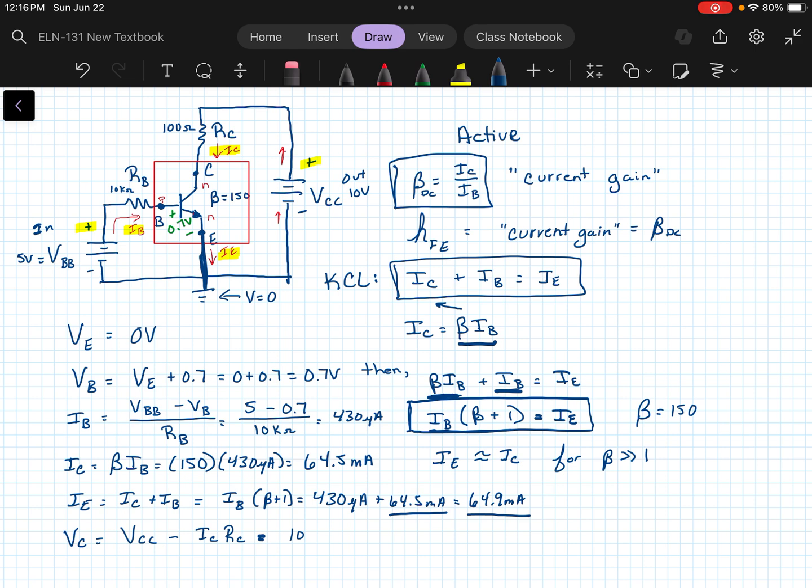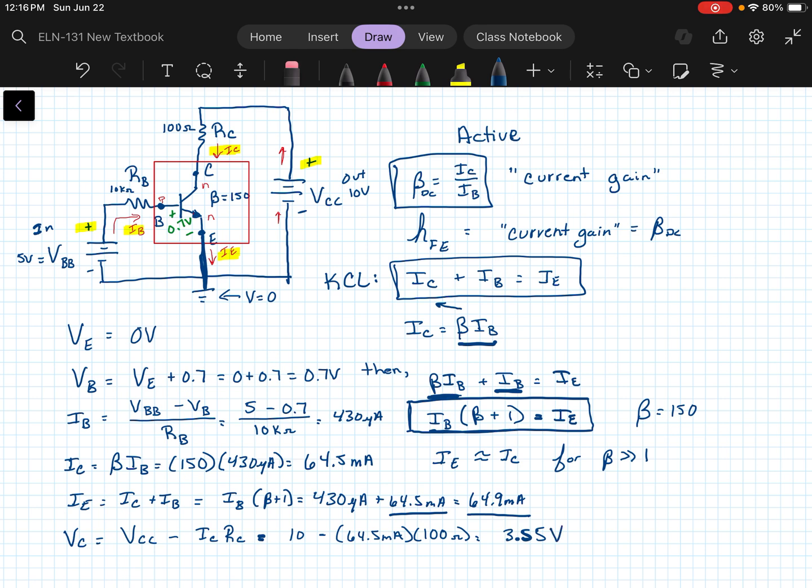So we've got 10 volts at VCC minus the 64.5 milliamps times the 100 ohm resistance of RC, and that means we have about 3.55 volts at VC.